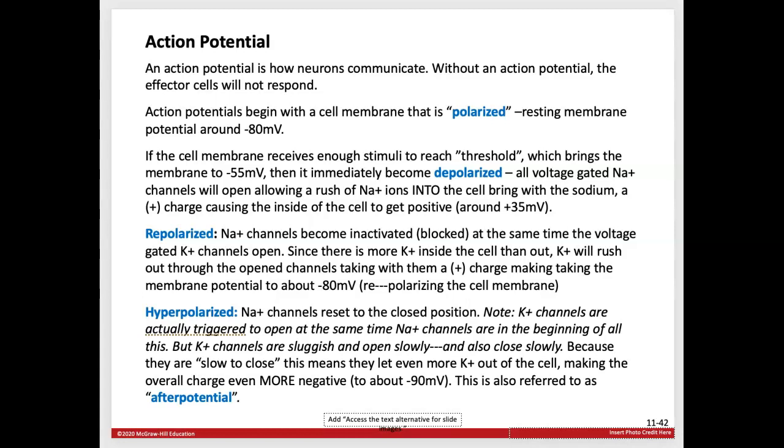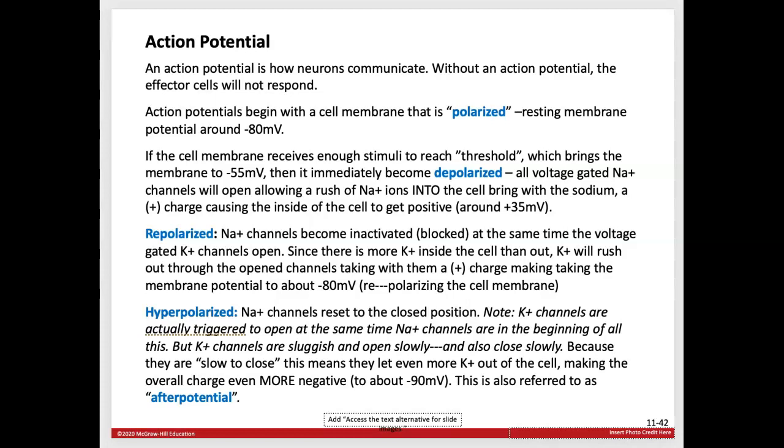Now remember, those potassium channels take a long time to open and they take a long time to close. So instead of closing right up after they let a ton of potassium out of the cell, they stay open a little bit longer.